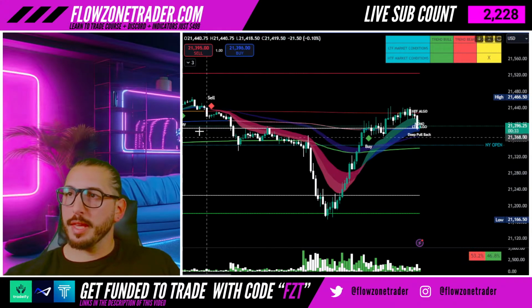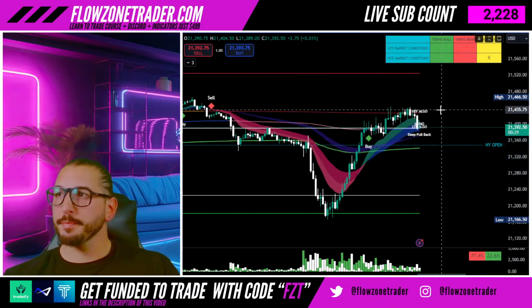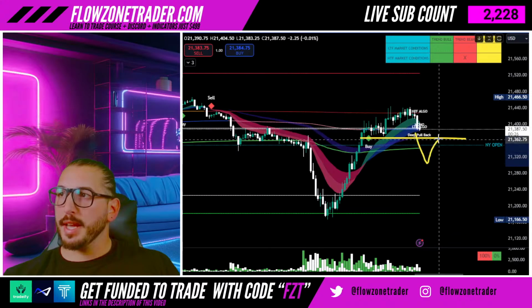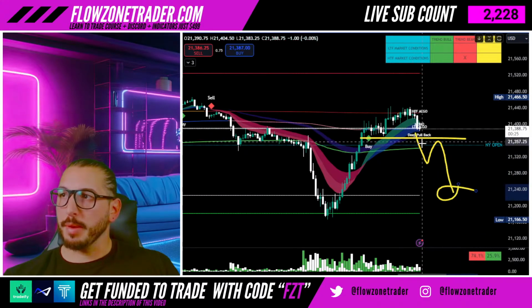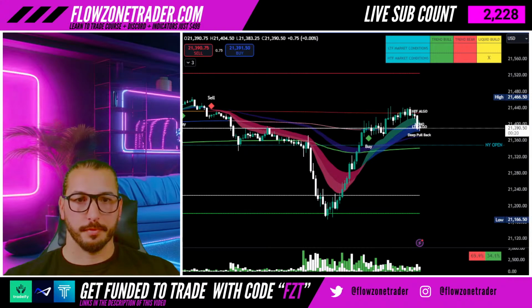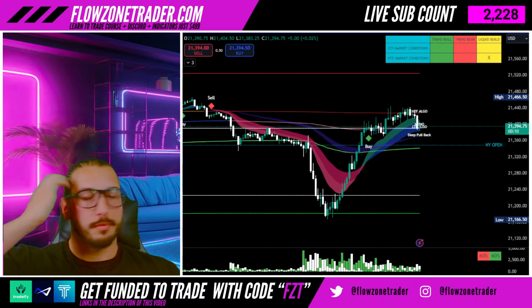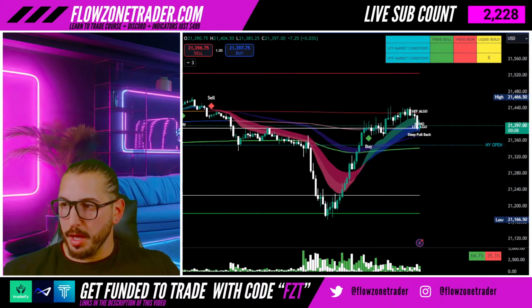All right, so I'm going to be thinking about if it offers something like this. If we break down and stay heavy, then I think we trade back inside the range. Sitting right at POC right now.